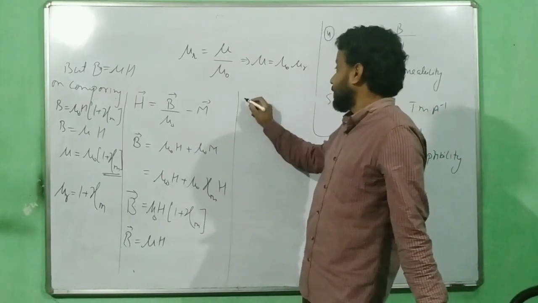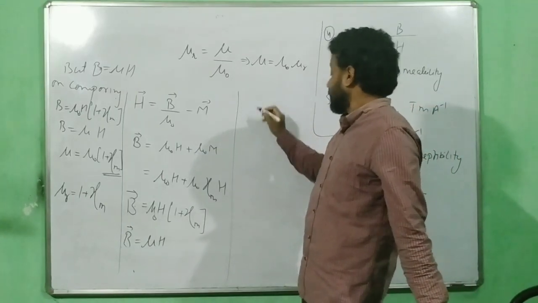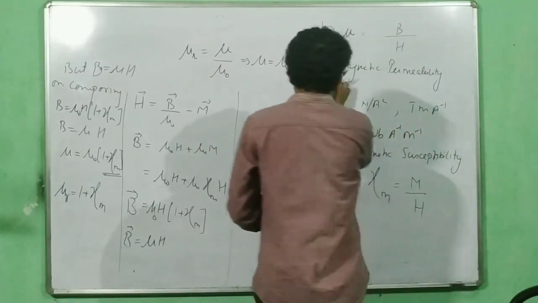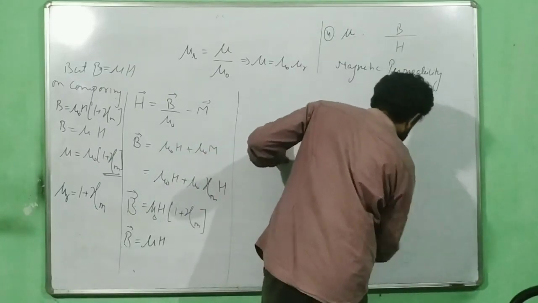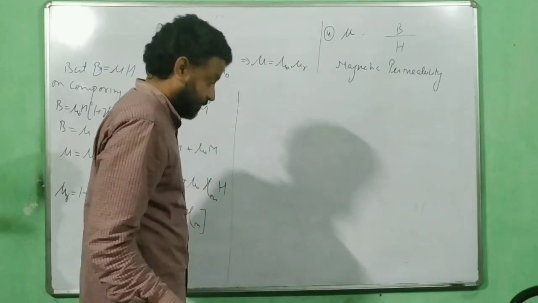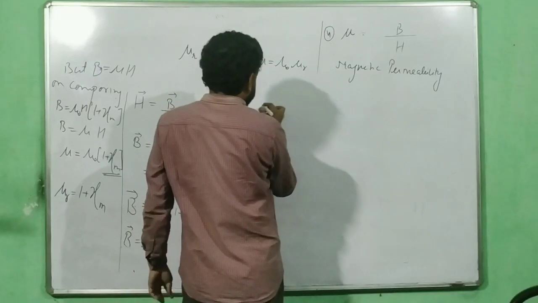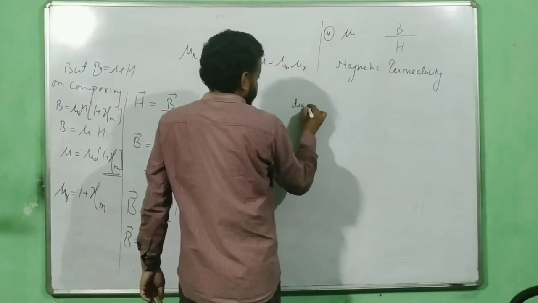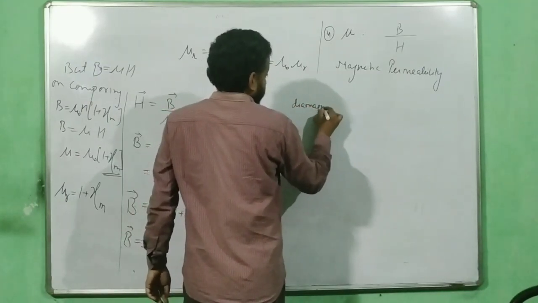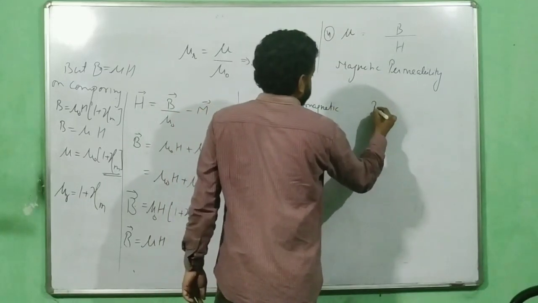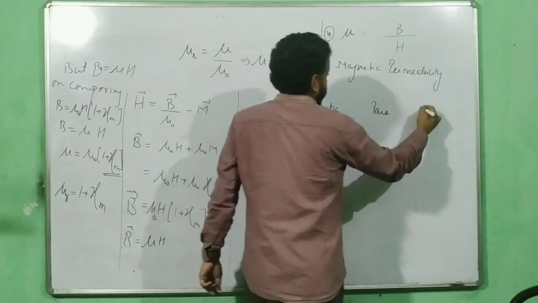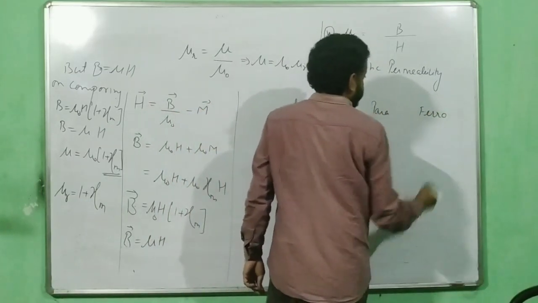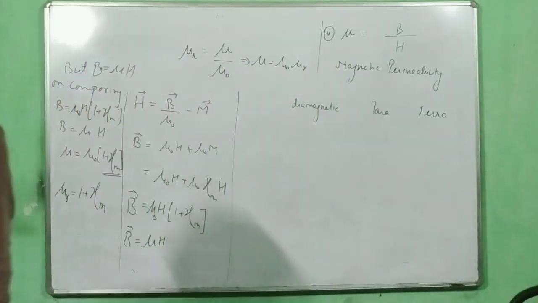So I'll write here dia. This is very important. Diamagnetic, paramagnetic, and ferromagnetic.